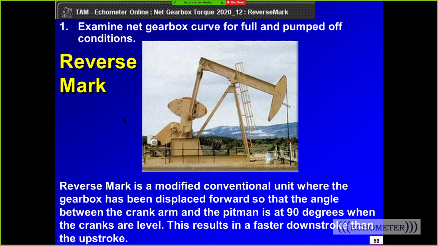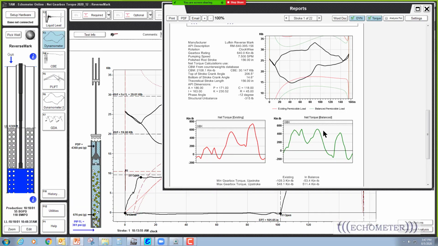The reason the reverse mark is beneficial is that when you have a properly balanced reverse mark, you almost have each of these peaks the same height, and you almost have a constant torque, and it'll be a little more efficient than a conventional unit. So this is an advantage. The reverse mark has an advantage. This big hump in the middle is due to the phase angle, and that's the reverse mark.